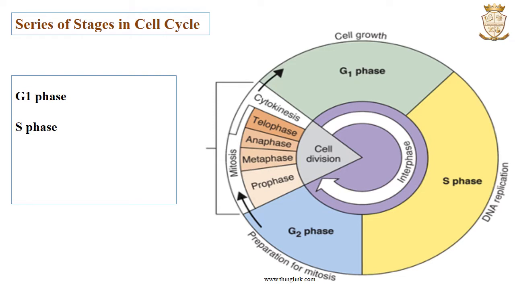DNA synthesis occurs and the genetic material will be replicated during S phase. Next is the G2 phase, where the metabolic changes assemble the cytoplasmic materials necessary for mitosis and cytokinesis. And the next one is M phase or mitosis. There will be a nuclear division followed by a cell division during this phase.